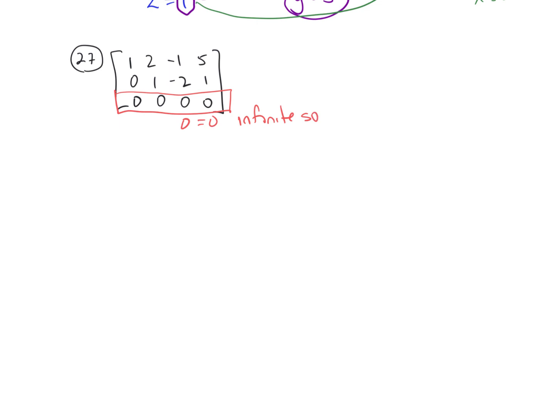Now, you are going on to calculus, and your calculus instructor probably doesn't just want to know "infinite solutions." So what we're going to do is write the second row as an equation. No x, we've got y minus 2z equals 1.